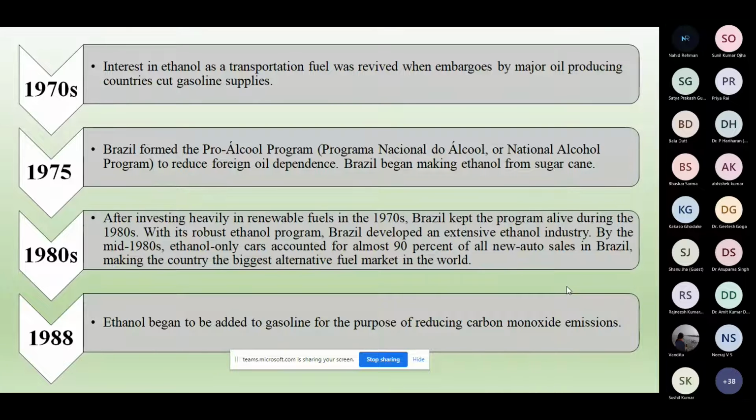That country started making this the biggest alternative fuel market in the world, to understand how much Brazil has already grown. And in 1988, ethanol began to be added to gasoline for the purpose of reducing carbon monoxide emissions.